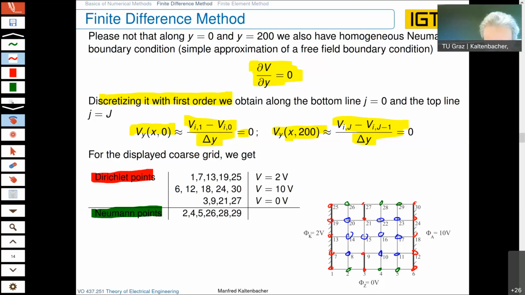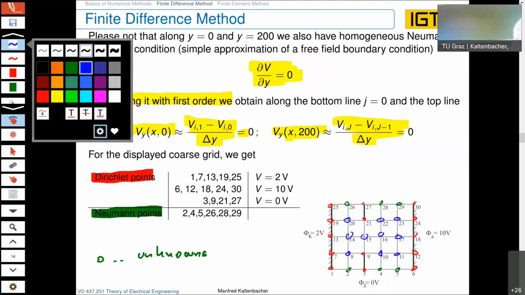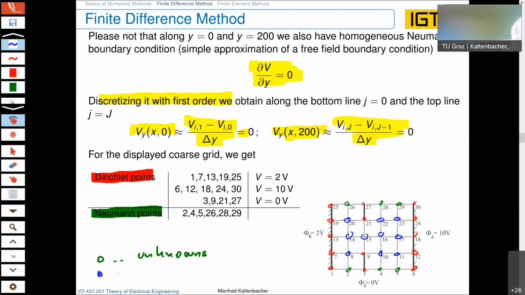So in this case, these are also unknowns, and clearly my blue ones are also unknowns.